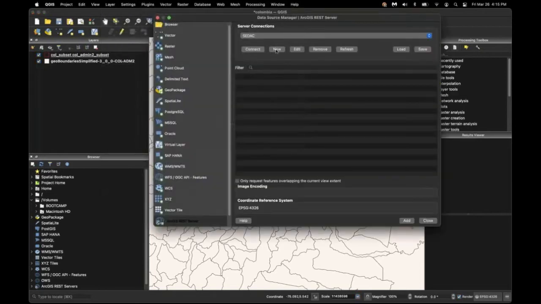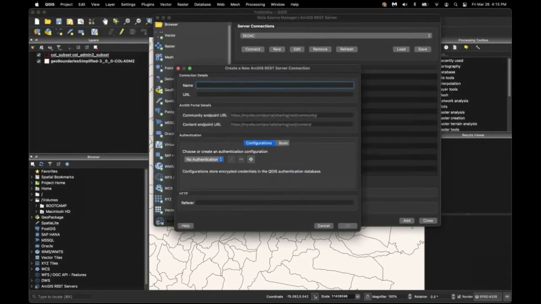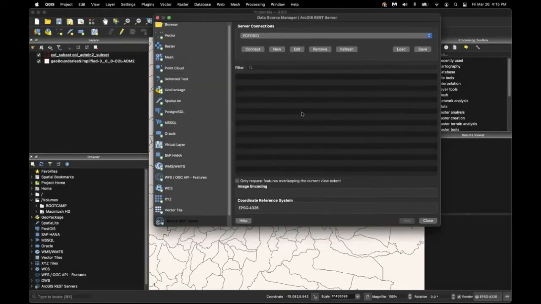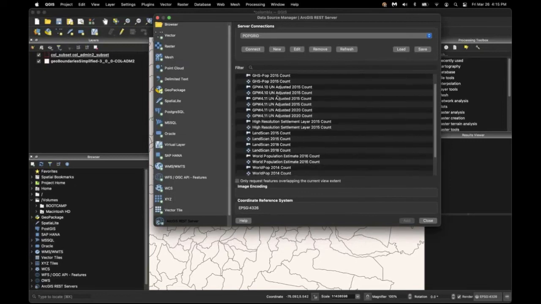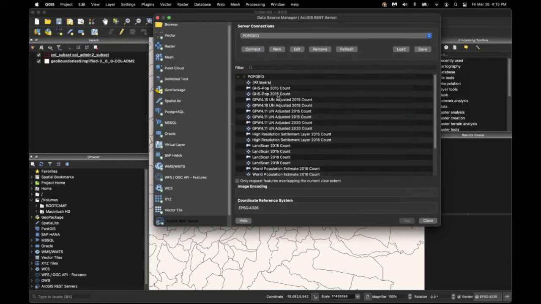So I'm going to make a new connection. I'll call it POPGRID, and I'll paste in that URL that I copied. And that's all it takes to get access to the layers. And so now with POPGRID, I can click connect, and it connects, and it shows me all the layers on the server. And so I can go and add those to my map.